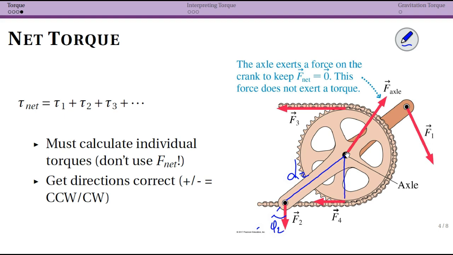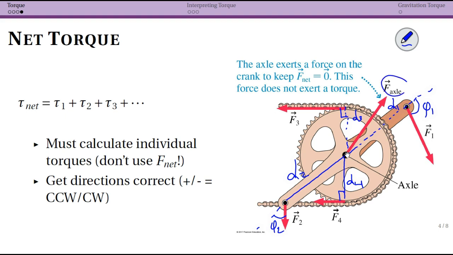For F4, that is D4, and I see that's a right angle. F1, I call this D1. I know how bikes work, so I'm assuming that that is actually the same distance as D2. This is phi 1. And this is also then a right angle in D3.